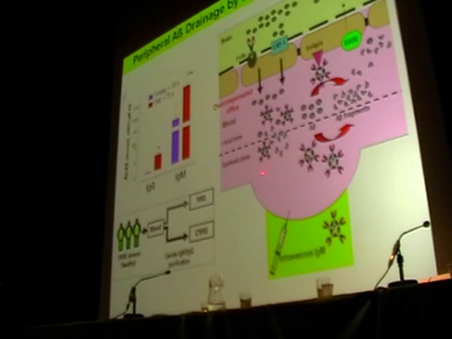The precedent for this proposal is the so-called peripheral sink hypothesis of Ron DeMatteis and Steve Paul, where they say that removal of A beta by binding in the periphery causes more efflux of A beta through these transporter molecules at the blood-brain barrier. If you remove A beta from the periphery, A beta comes out from the brain. So IgM is well suited for that, and it's rather efficacious because it removes A beta more quickly.